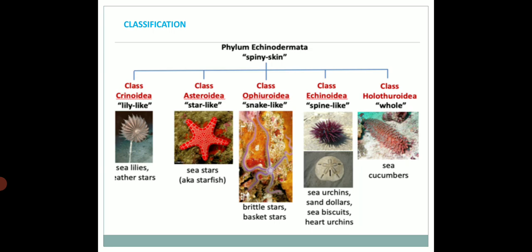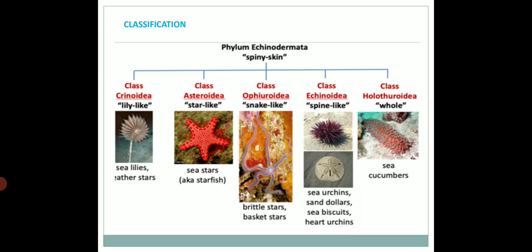See here, the first class Crinoidea, its word meaning is lily-like. That means the examples of Crinoidea are sea lilies or feather stars.